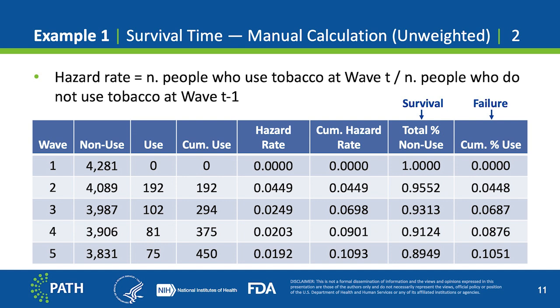If you look at the last row, the 0.1051 is the probability that somebody started tobacco use by wave 5. And the cumulative hazard rate is bigger because it's just the sum of the hazard rates.